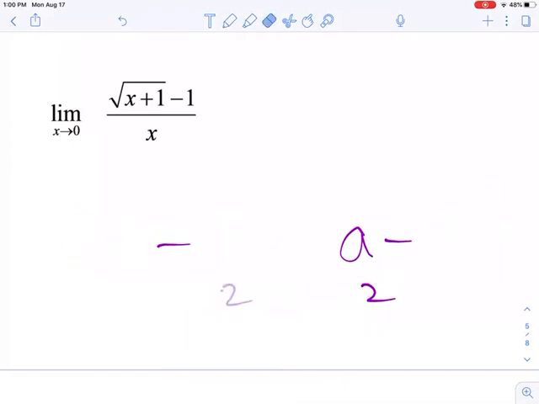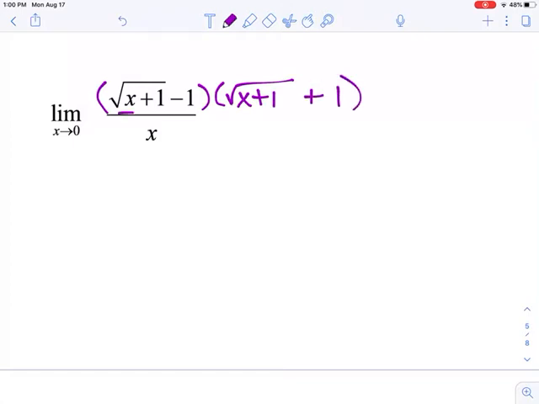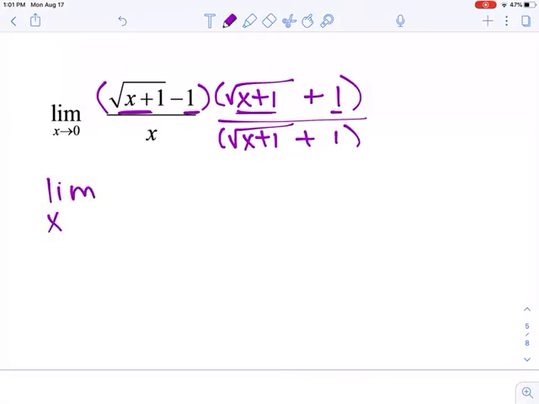That's something that happened a lot in your Algebra 2 and pre-calculus days. So the conjugate of our numerator would be square root of x plus 1 plus 1. Here's a, here's b. And whatever we do to the numerator, we also have to do to the denominator.